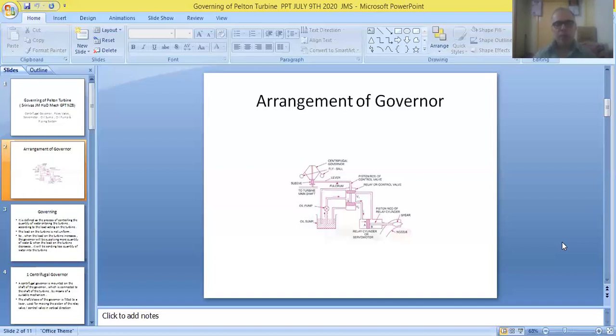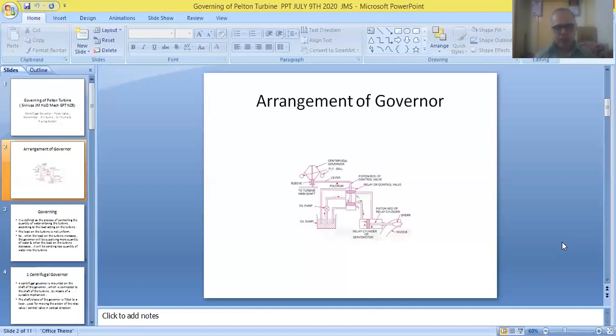And finally, we can see the arrangement of an oil reservoir, that is called an oil sump. High pressure oil is very essential for operating the piston that is arranged inside the servomotor. Therefore, this oil is stored in this reservoir, referred to as oil sump, so that it can be used for operating the piston.